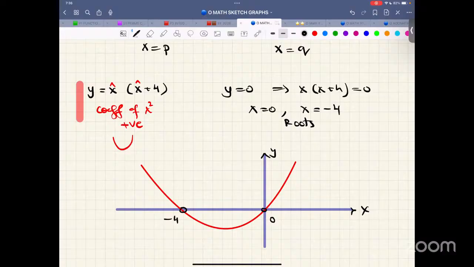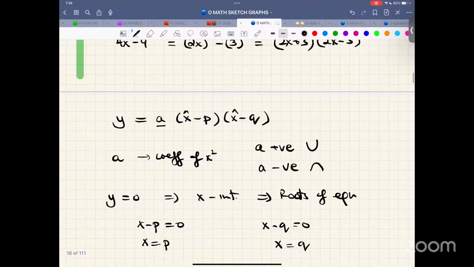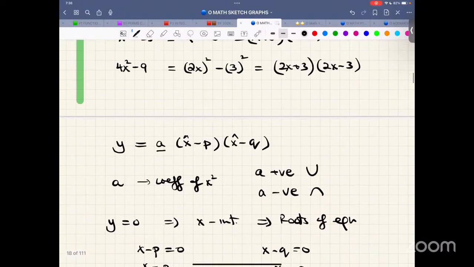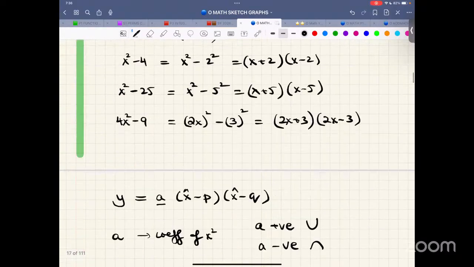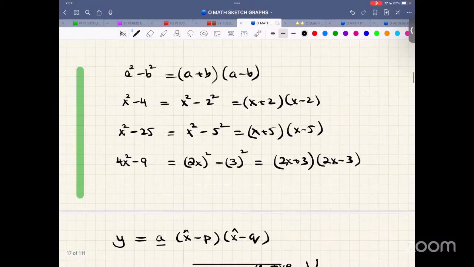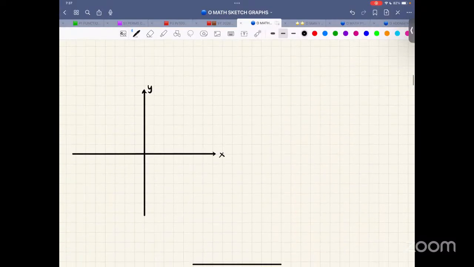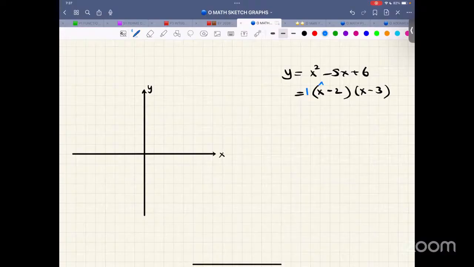Okay. So that is how you draw it based upon this. This is the factorized form. Now let's say we have x squared minus 5x plus 6. Let me draw it over here. y equals x squared minus 5x plus 6. We have already done the factorization, that is x minus 2, x minus 3. Yes, there is a 1 written on the outside, but also look on the inside.